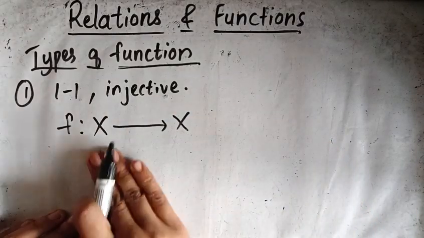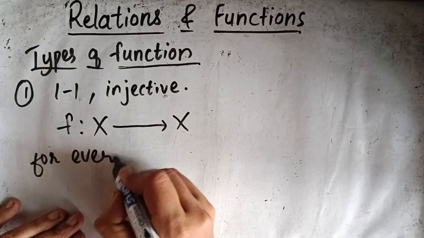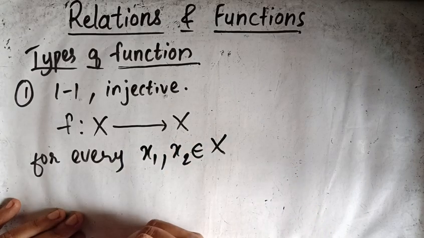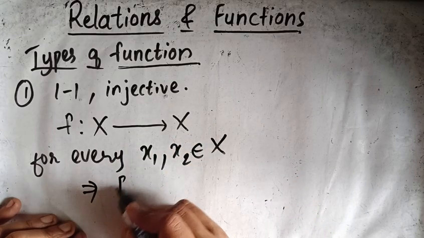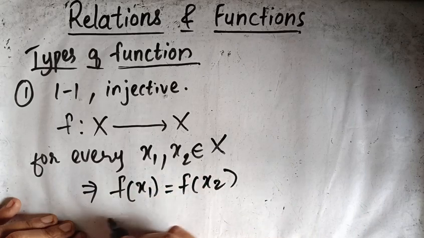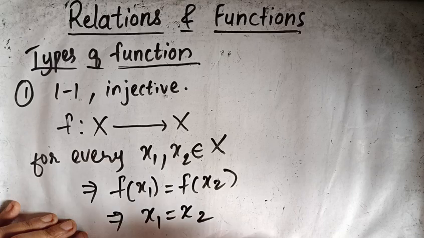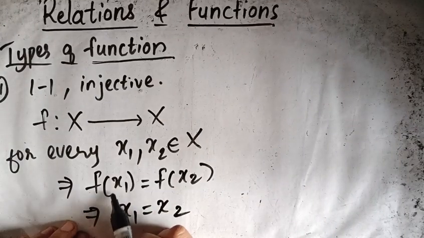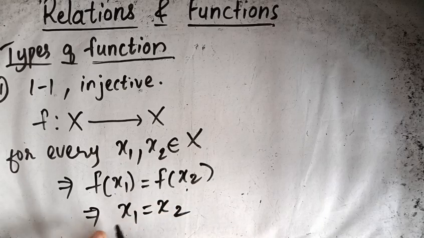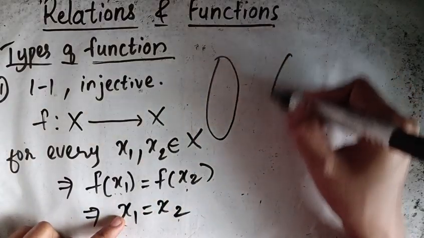Okay, that is, for every x1, x2 belonging to x, we have f of x1 equal to f of x2, which implies x1 is equal to x2. Okay, so if you get two function values equal, okay, and it is given to be 1-1, then these elements are also equal. 1-1 looks like this.